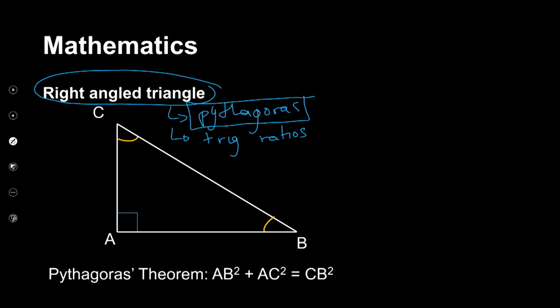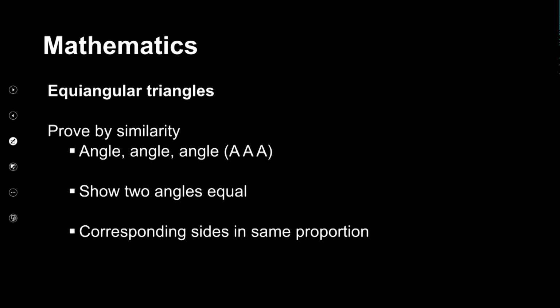Now, the Pythagoras theorem here will say the square of the hypotenuse side is equal to the sum of the other two squares added together. So this is the hypotenuse side, which is my longer side, squared. This is equal to AB squared plus CA squared, or AC squared.